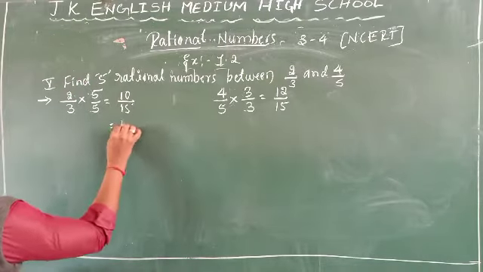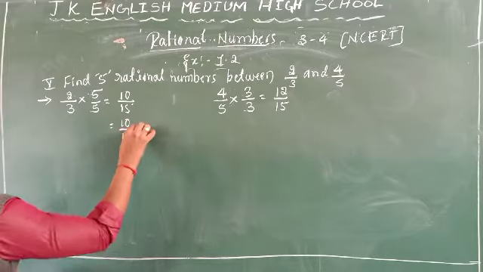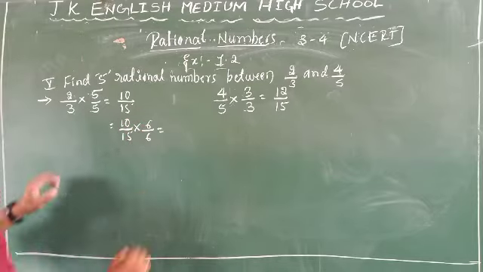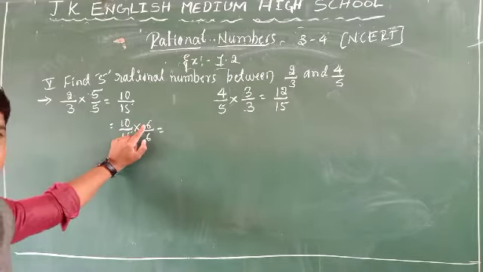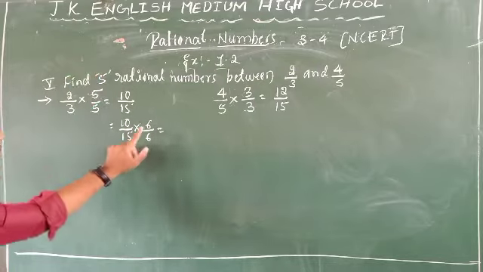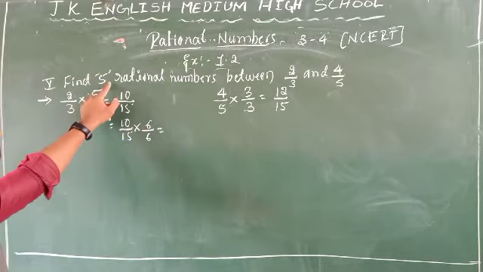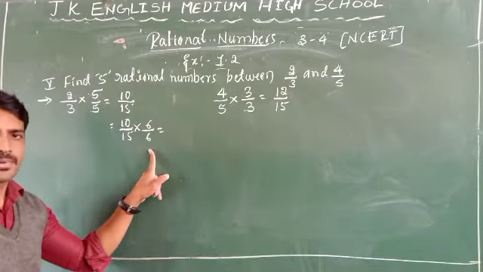Again, 10 by 15 into 6 divided by 6. Just one number extended. Here 5 is there, we are multiplying by 6. Here 6 is there, so we have to multiply here by 7.